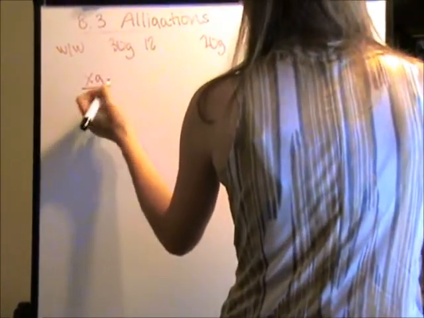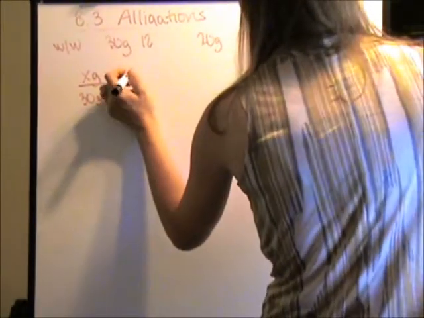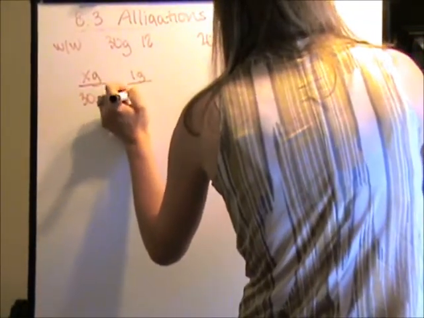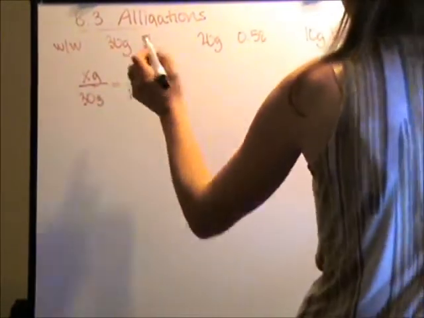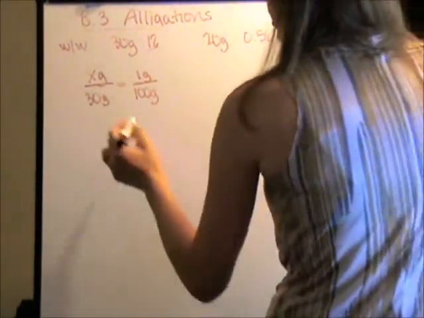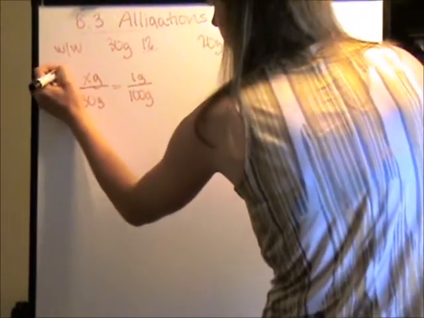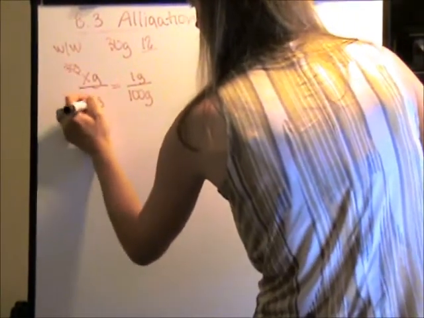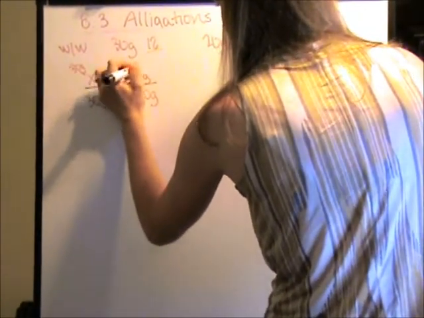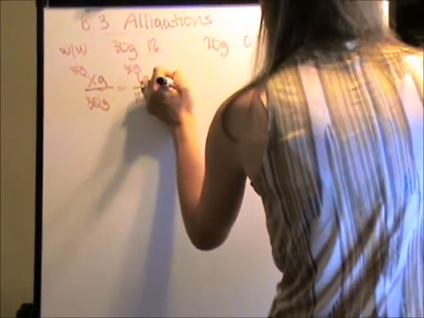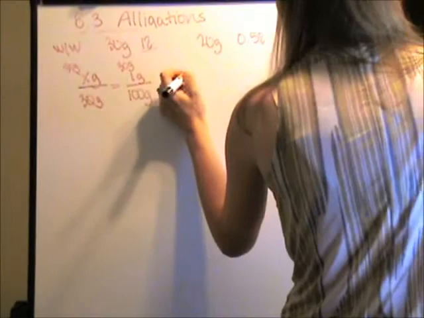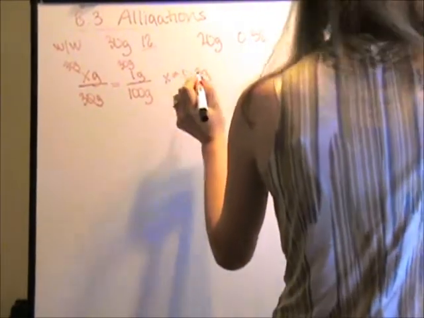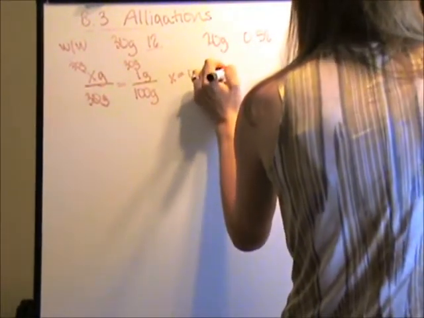The final amount is going to be 30, and then it's going to be 1 gram over 100 grams because it's 1%. Now we're ready to solve for x. 30 divided by 100, and x is going to be 0.3 grams of hydrocortisone.